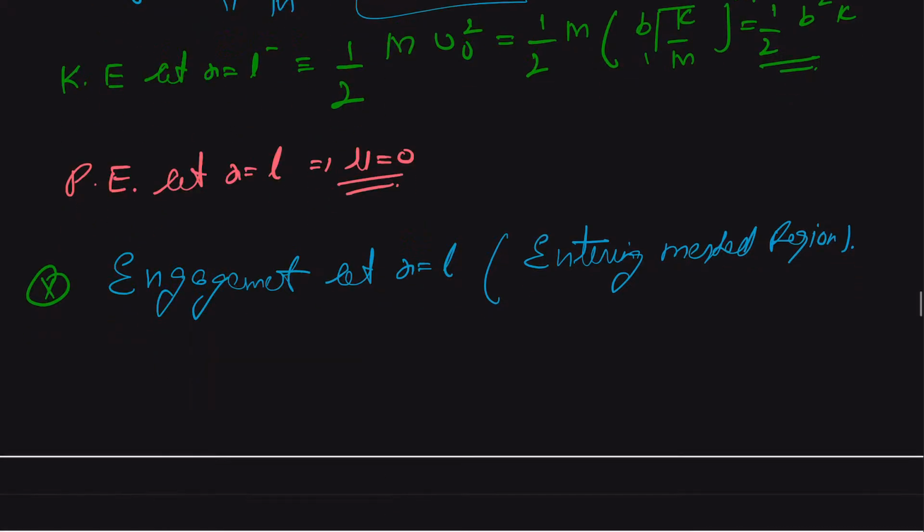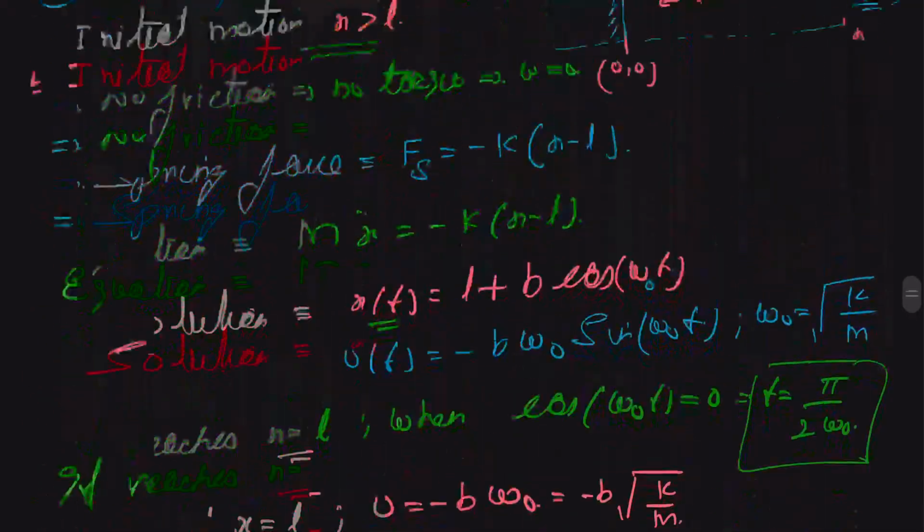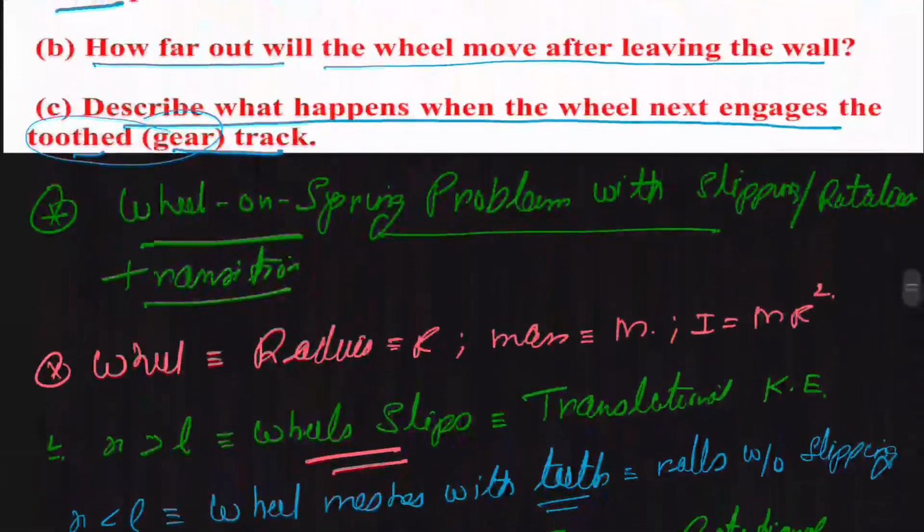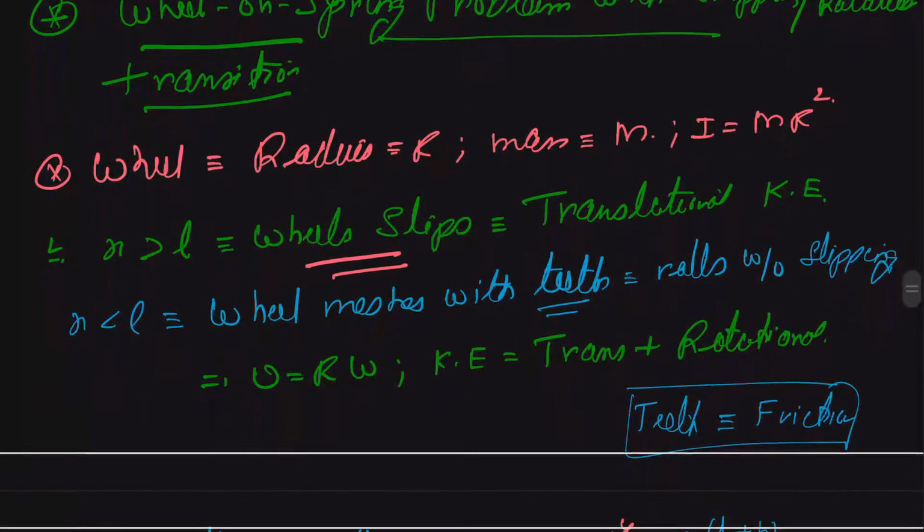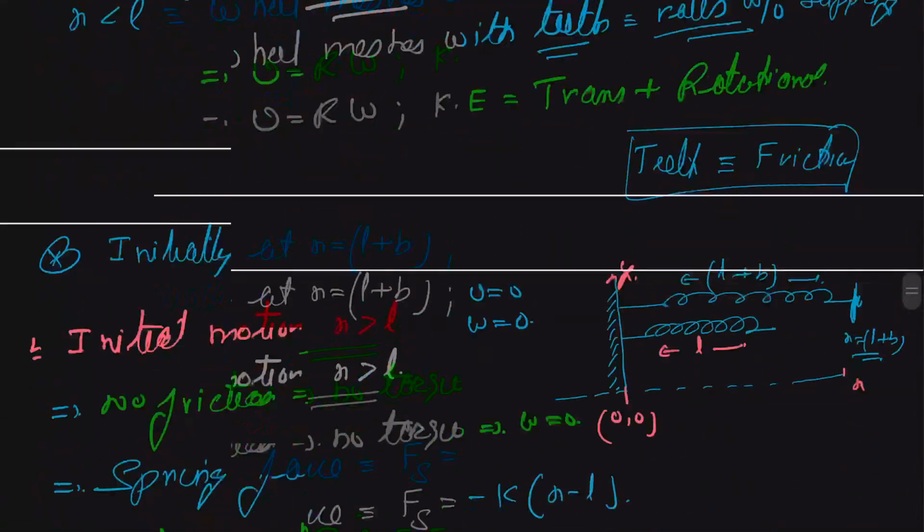And as soon as it enters the mesh region, there is no slipping. I think we have just written also, that is there is rolling without slipping.